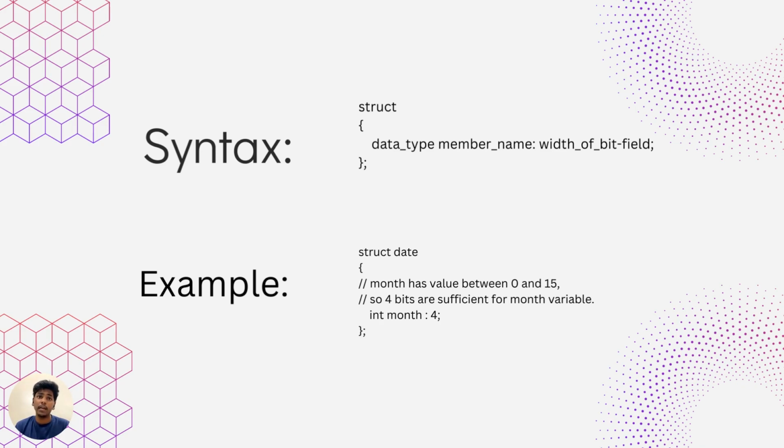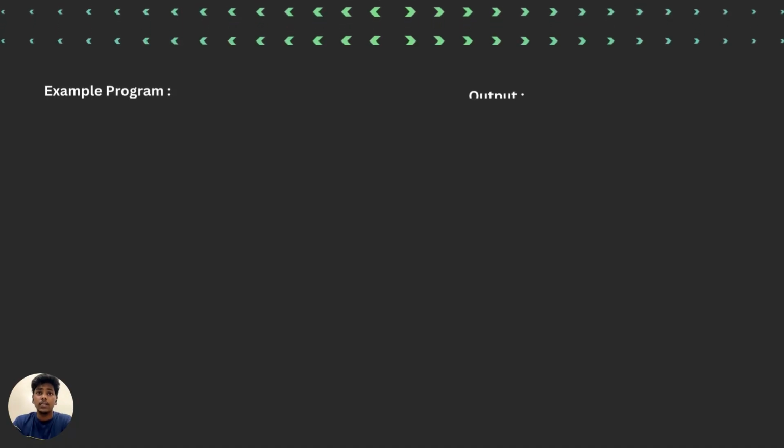So int month colon 4. It means that the int month variable only has 4 bits in its memory allocation. So it's going to take only up to 4 bits. If you give a number which exceeds 15, then it would assign some garbage value to it.